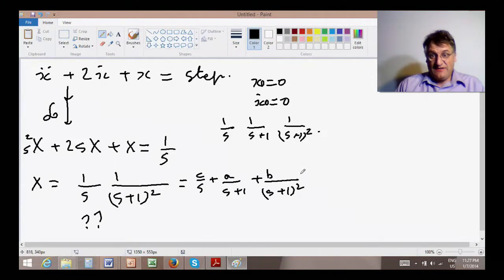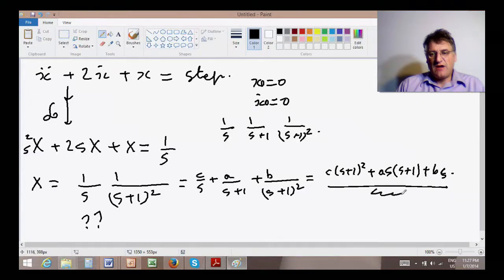What does this give us? Well, we put everything over the same denominator, and we obtain c times (s plus 1) squared plus a times s times (s plus 1) plus b s, divided by the product of these things.